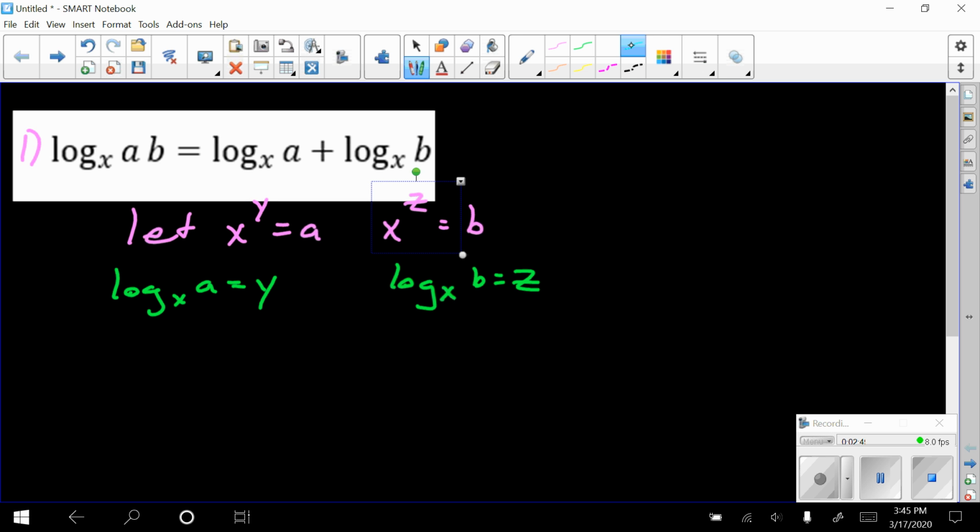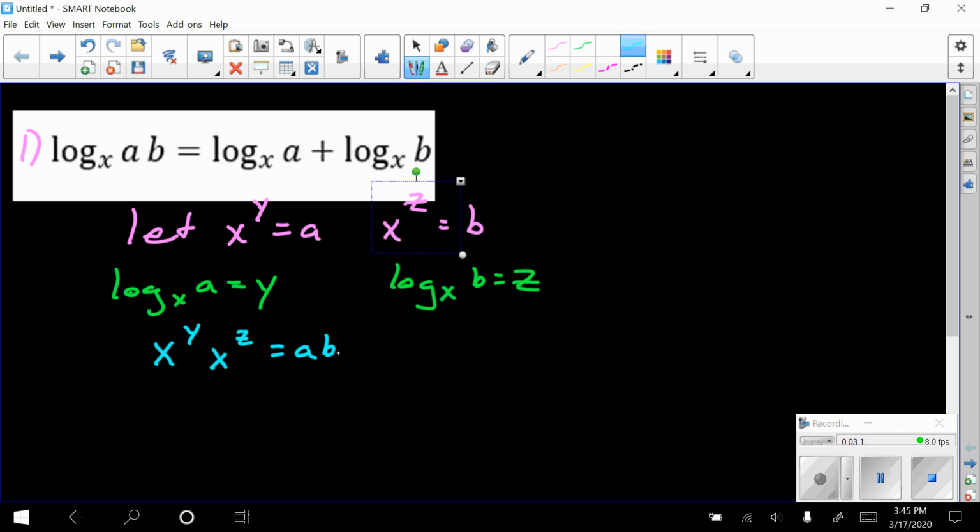Now let's actually take our 2 scenarios. I know it looks kind of crazy right now, but let's take x to the y times x to the z. And if we do that, x to the y we said was the same thing as a, and x to the z we said is the same thing as b.